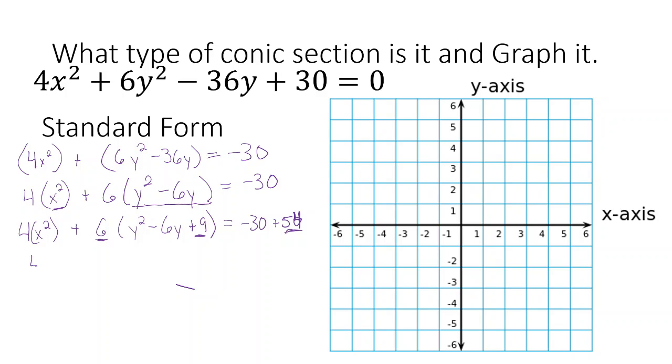So now when I put it into a little bit closer to graphing form, 4x squared plus 6 times (y minus 3) squared, that was completing the square. Remember, if I took b over 2, which is -6 over 2, that gives me -3, and squared it, that gives me 9.